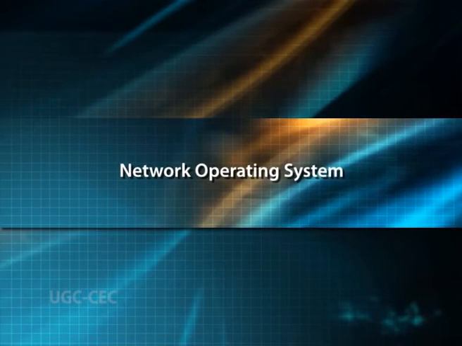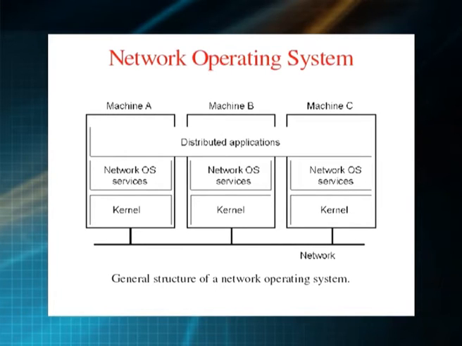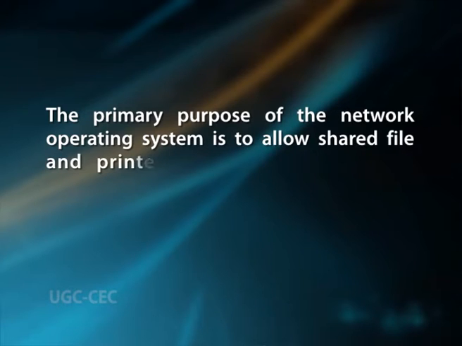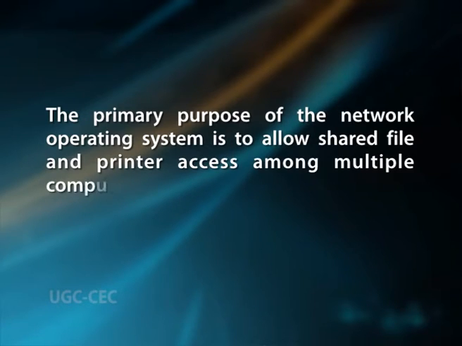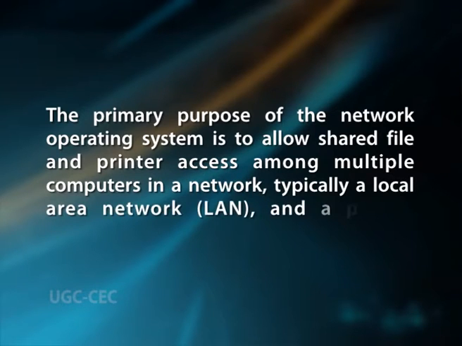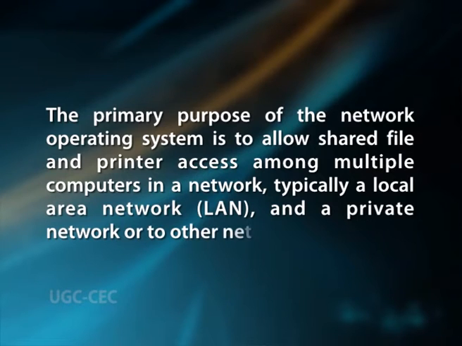Network operating system. A network operating system runs on a server and gives the server the capability to manage data, users, groups, security, applications and other networking functions. The primary purpose of the network operating system is to allow shared file and printer access among multiple computers in a network, typically a local area network or LAN, a private network, or other networks.